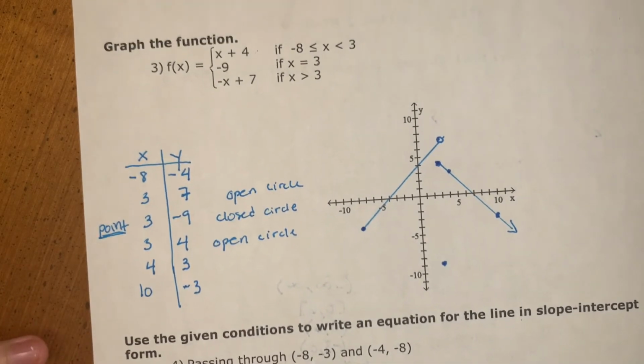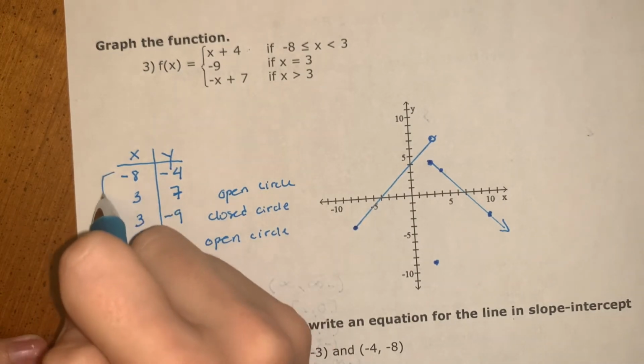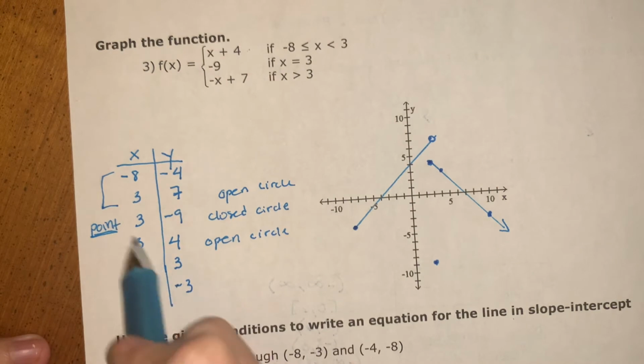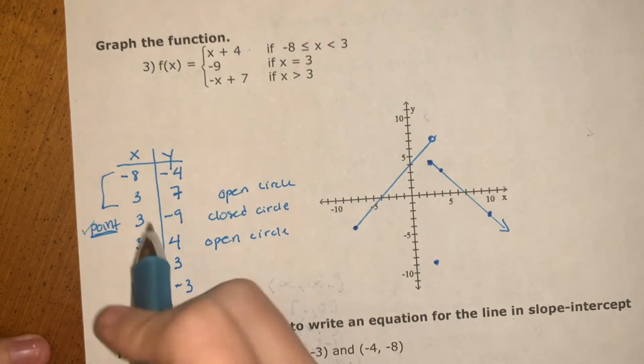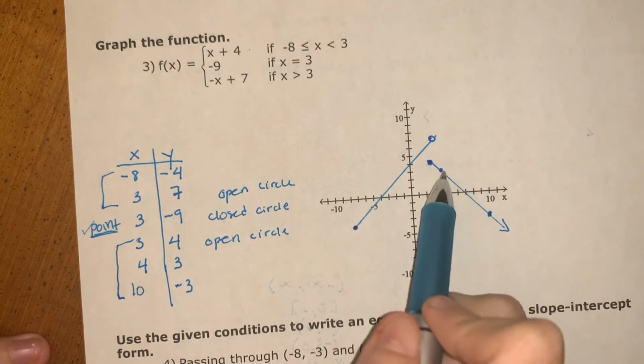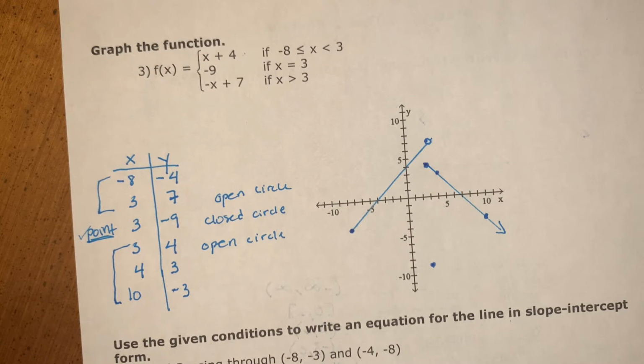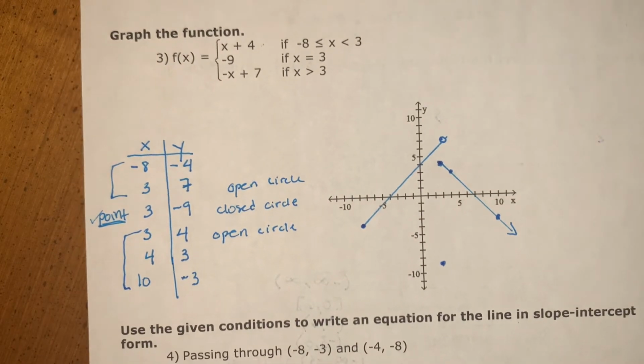And that's how you would do it. So this covers the first part, this covers the point, and these 3 points help us get this ray. Hopefully that made sense, and if it doesn't, you can email me and we can talk about it.